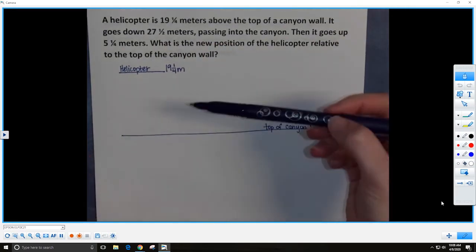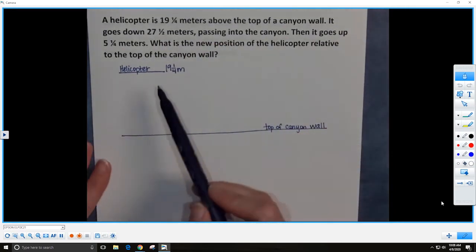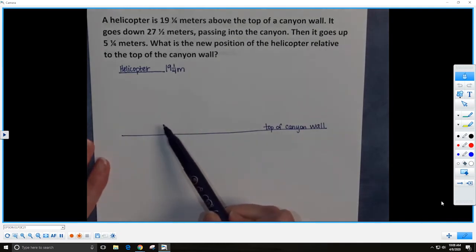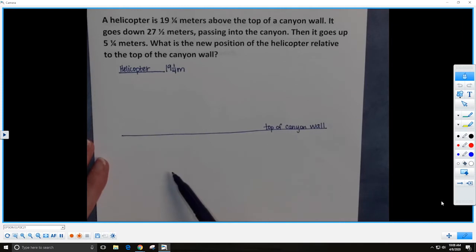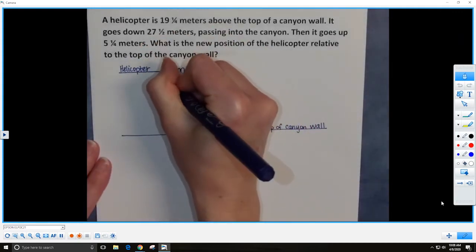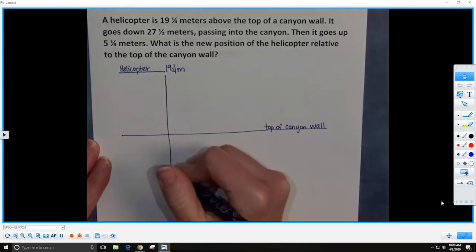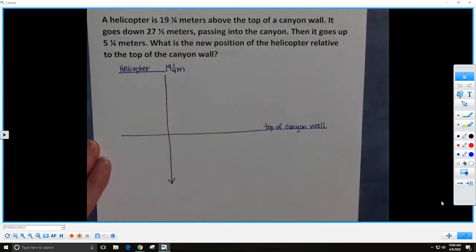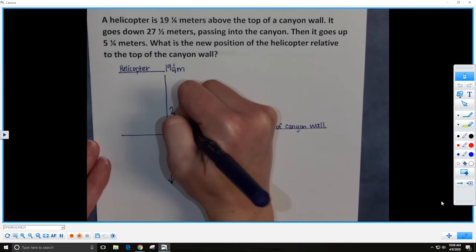Now, when I draw this arrow down, is the helicopter still going to be above the canyon wall, on the canyon wall, level with the canyon wall, or below the canyon wall? Right, because it's going down 27 1/2 meters, it's going to go down below the top of the canyon wall.